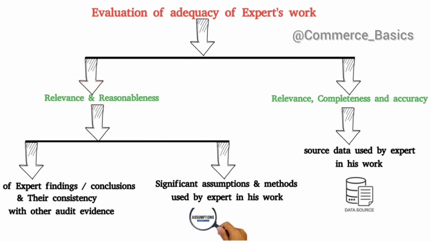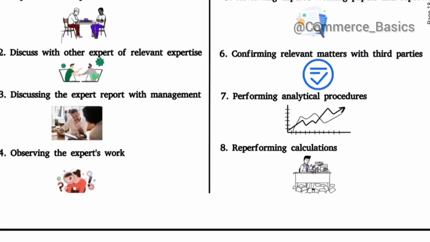Second, the significant assumptions and methods the expert used; we also check their relevance and reasonableness. Third, the source data used by the expert; we check its relevance, completeness and accuracy. So these are the three things an auditor has to evaluate for the adequacy of the expert's work: the findings, the assumptions, and the source data.